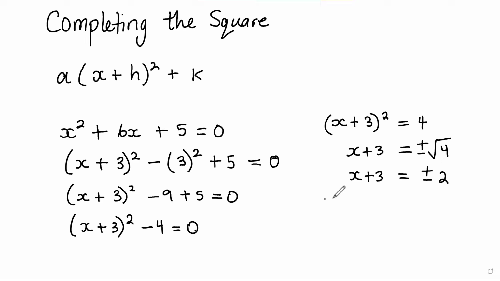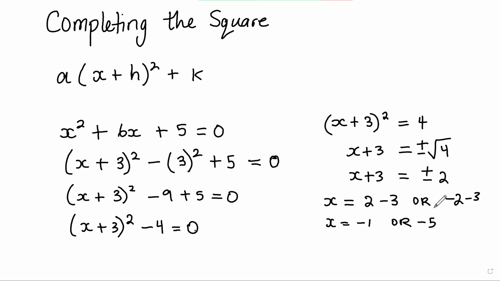So therefore, x is equal to either positive 2 take away 3, or negative 2 take away 3. In this case, x will be equal to 2 take away 3, which is −1, or −2 take away 3, which is −5.